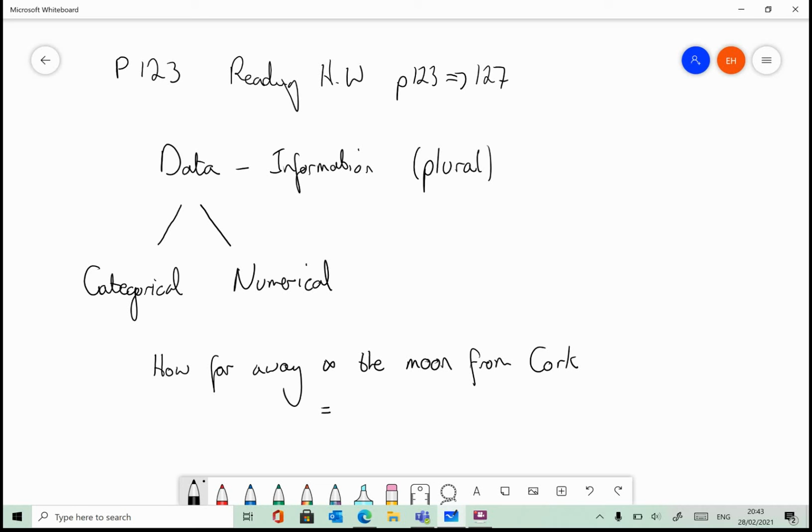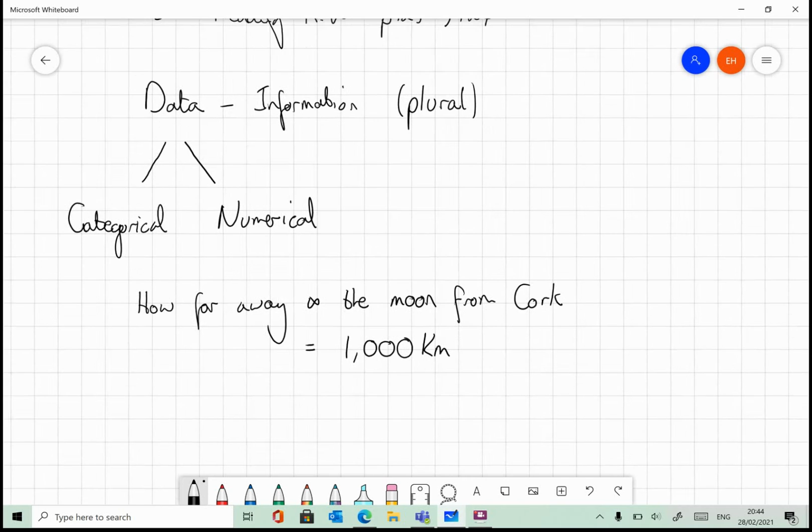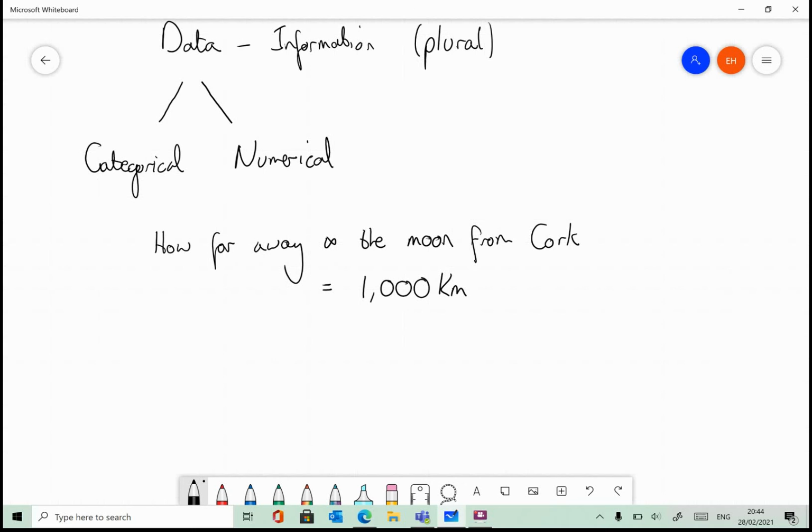Cork is the center of the universe, and the moon is maybe 1,000 kilometers away. I don't know, there's probably some exact figure on that. Do not think that this is some scientific distance. I'm just guessing, picking a number out of the air. But the crucial thing is that it is a number.